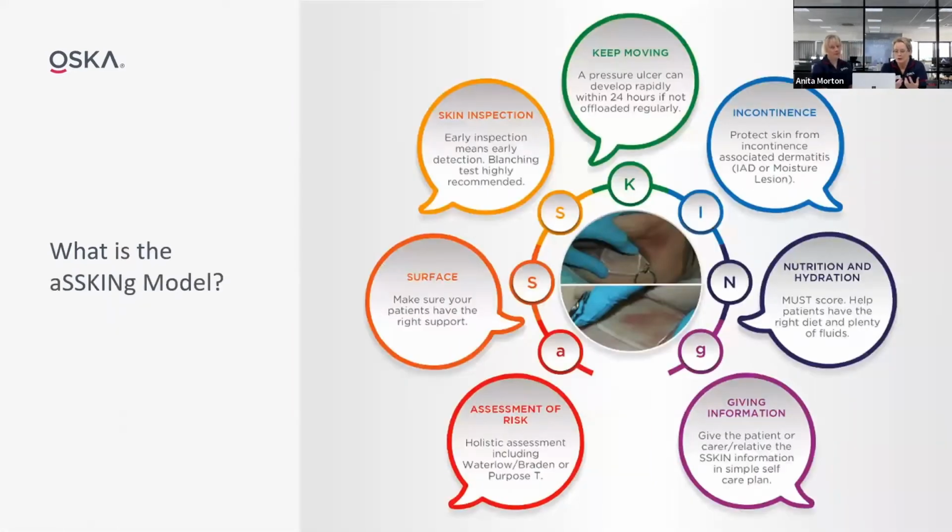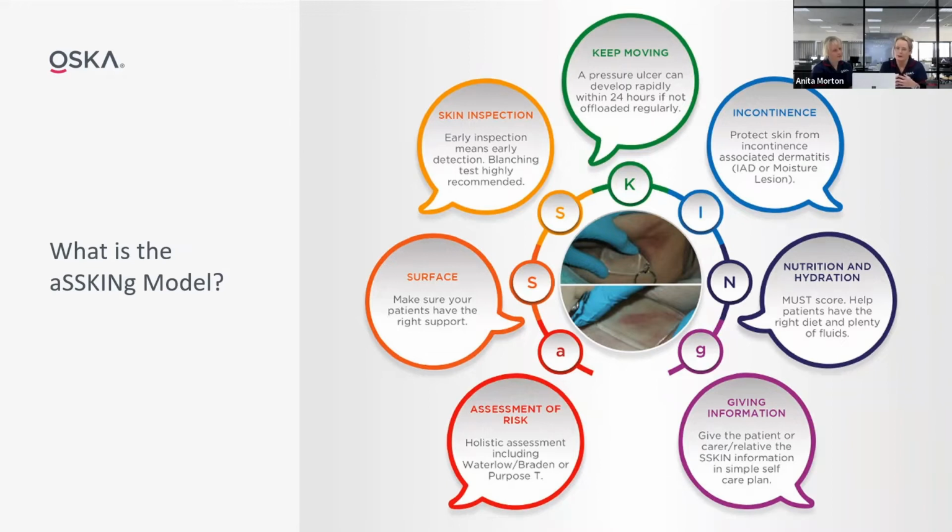So we're going to look at this quick refresh through the ASKING model, which is a framework where nationally we're trying to get the language and the education of pressure ulcer management to become similar so that everyone is getting the same message.